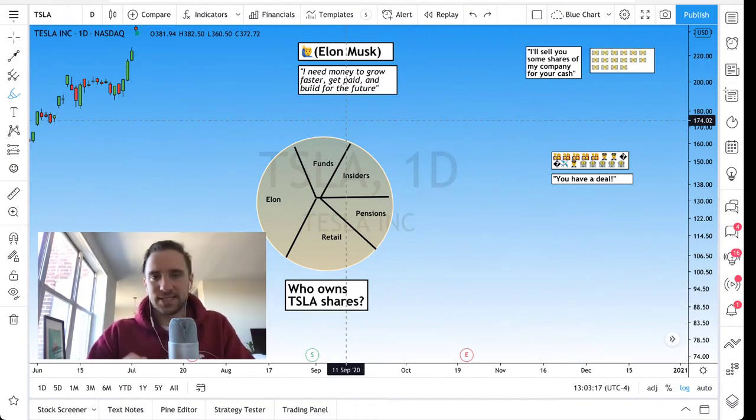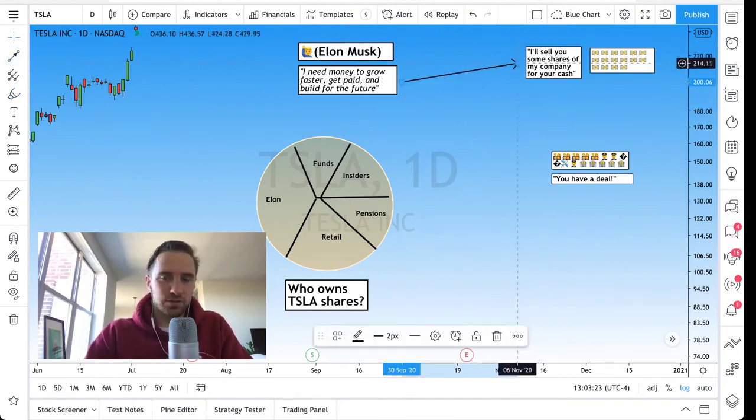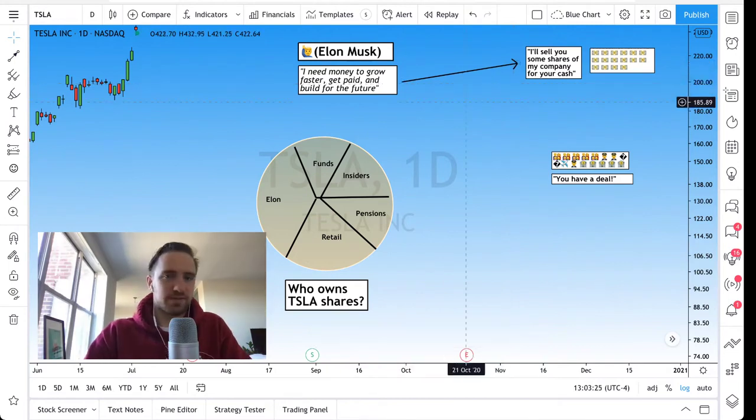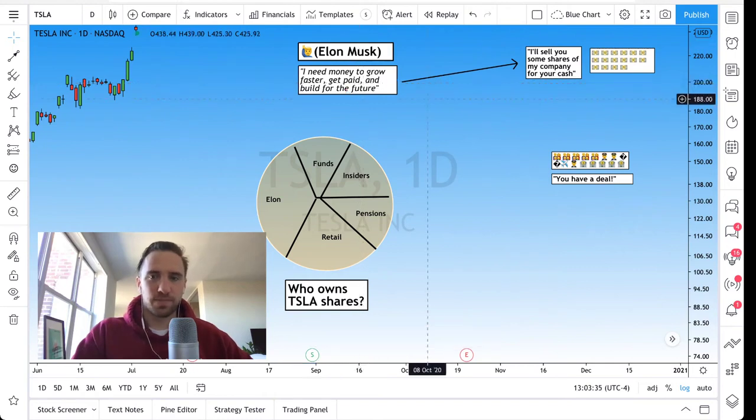So he needs to sell a piece of his company to funds, people, traders, investors, and then he takes that cash and goes out and builds for the future. As you can see, here's Elon Musk. He says, "I need money to grow faster, get paid, and build for the future."